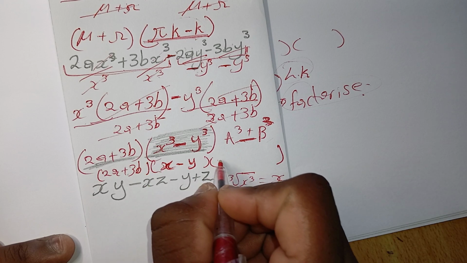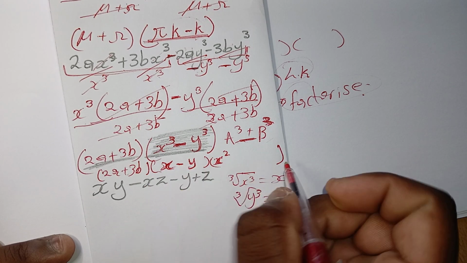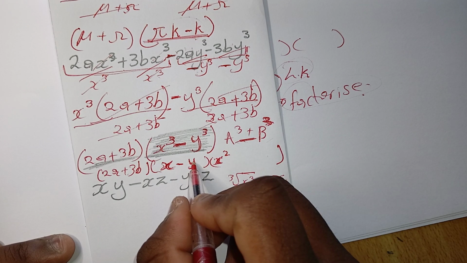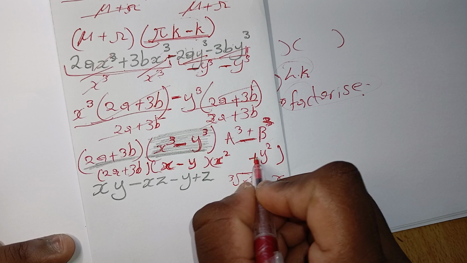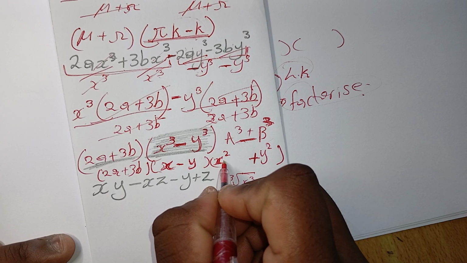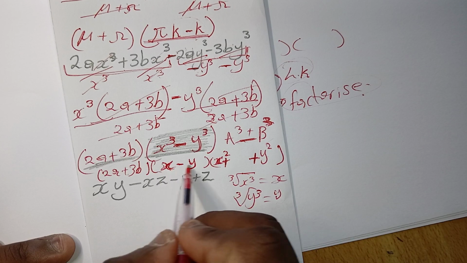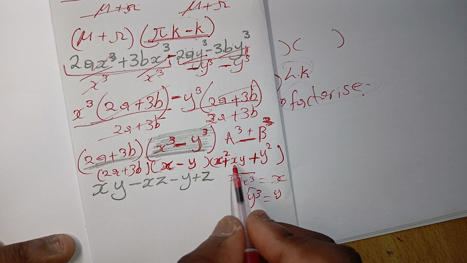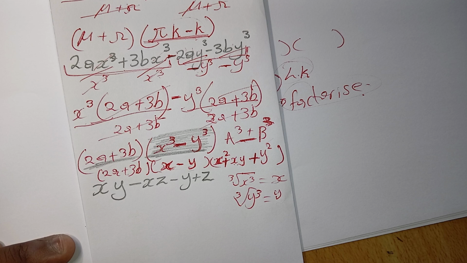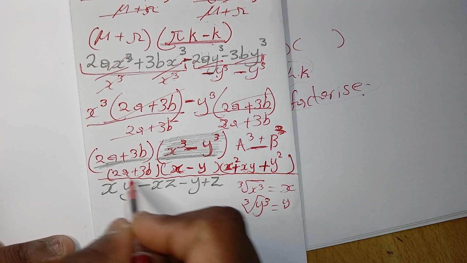Take this first term in squared format, and here it is always positive. The sign which will be here is the opposite of that one, meaning it will be positive. Then you multiply both of these, it will give me xy. Do you see right there? This one is the final answer of this question.